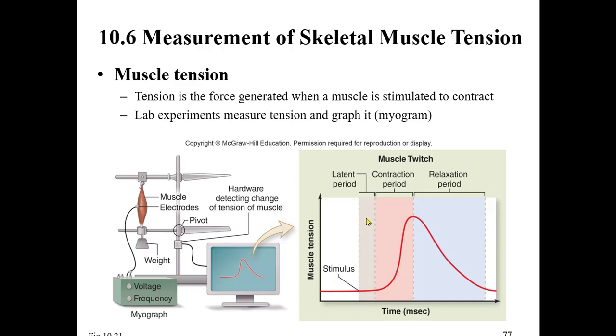And that's called excitation, contraction, coupling. And that is what's going on in the latent period. And you'll see that step 12 says steps 1 through 12 were really the latent period or lag time. And latent period and lag time is really the excitation and the excitation-contraction coupling that you find in the video. Then we have our contraction state, and then we have our relaxation state. Okay, next slide.